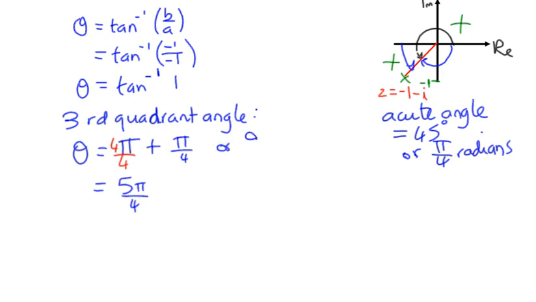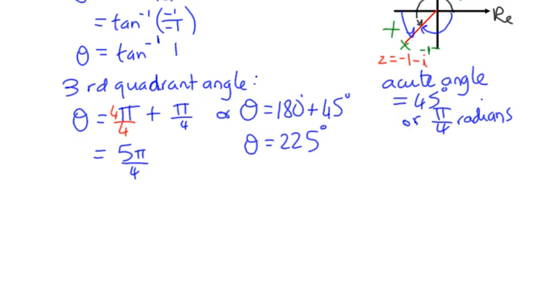Or, if we're working in degrees, it's 180 degrees plus 45 degrees, so our argument would be 225 degrees. They are both positive arguments, one in radian measure and the other in degrees.